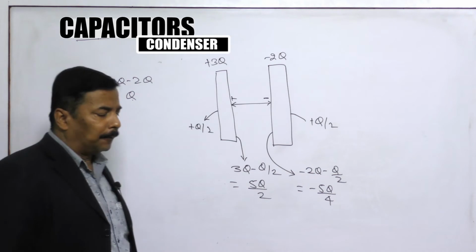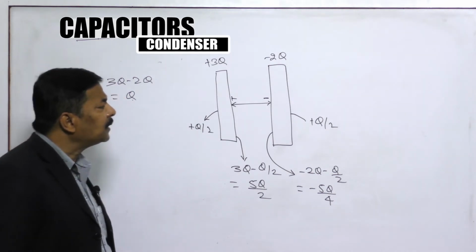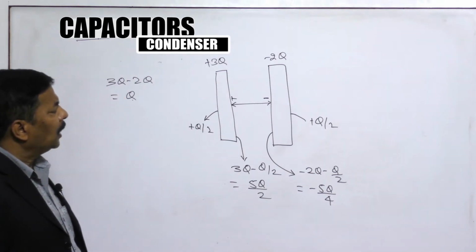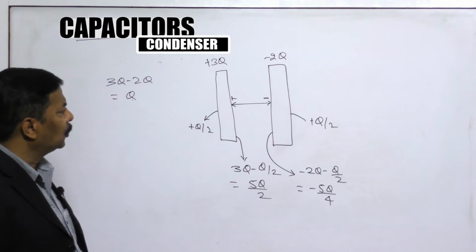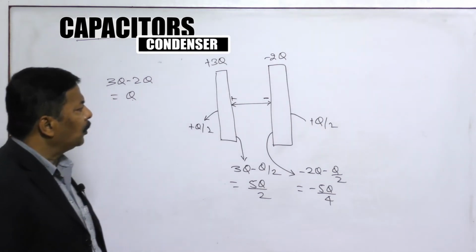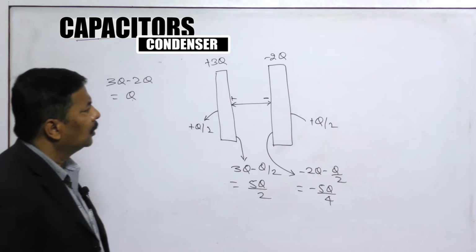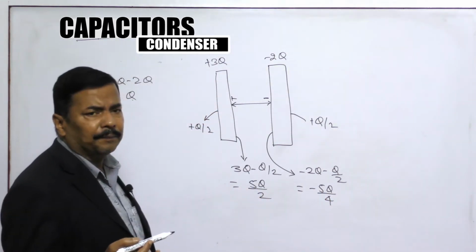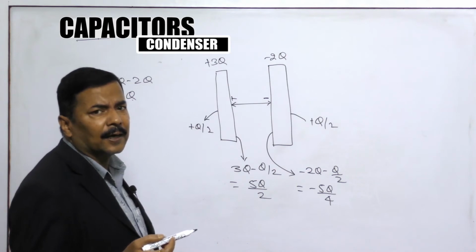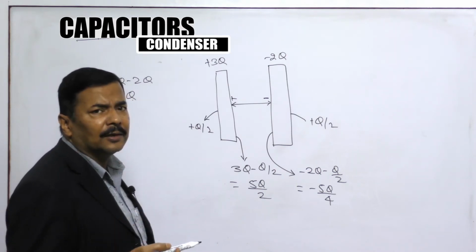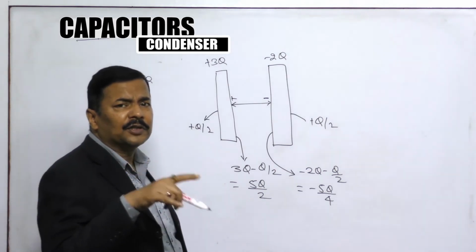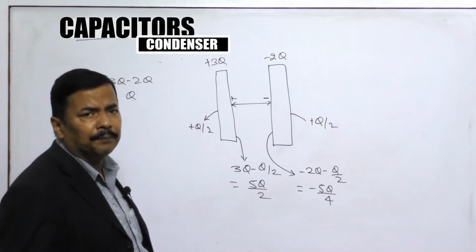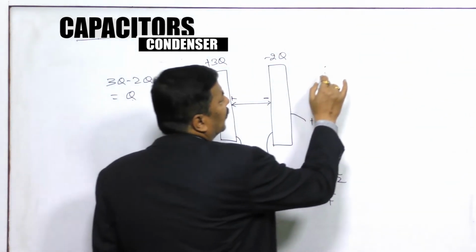Now, after this, if any conductor is there, it is found that whenever you give charge to the conductor, its potential rises.